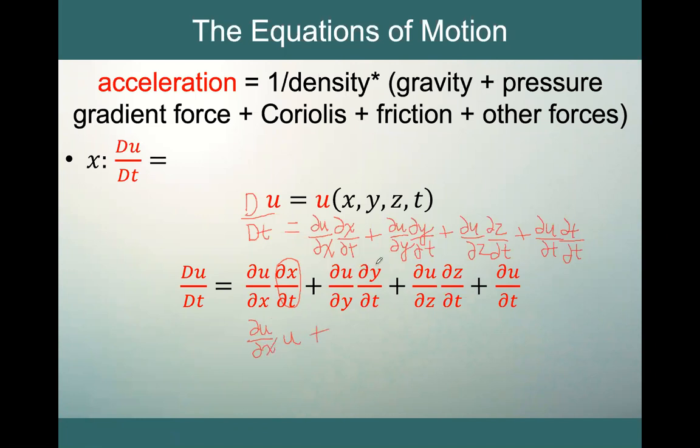All right. Well, right here we have dy/dt. Well, that we just saw is v. So this is ∂u/∂y times v. And right here we have dz/dt. And we know that that is just w. So this is ∂u/∂z times w. And then right here we just have ∂u/∂t.